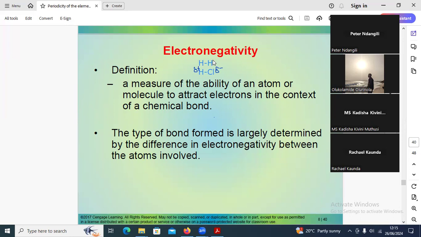But when the difference is sufficiently large, then there's going to be a complete transfer of an electron from the less electronegative to the more electronegative, and that occasions what we call an ionic bond.